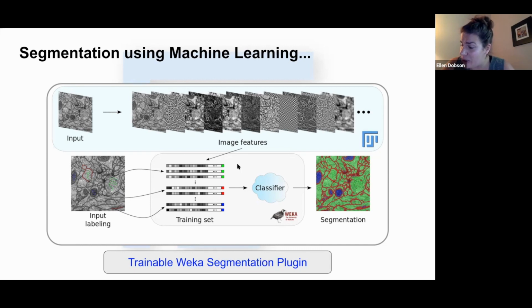And then you're training it, right? So it's a combination of these image features you select, as well as this input labeling, that then generates a trained classifier. And then this is what you apply to your larger data set. So then you get a segmentation at the end with your different classes.